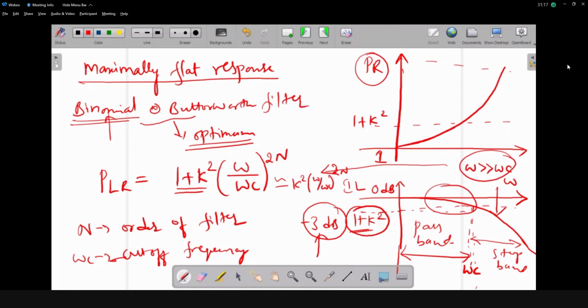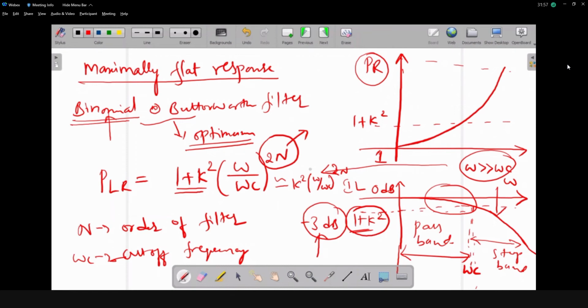This shows that the insertion loss we are getting increases at the rate of 2n. This is actually the insertion loss factor, which is based on the filter order. Whenever omega is equal to 0, the insertion loss is 0, and as we increase the frequency, the insertion loss increases with respect to the filter order.